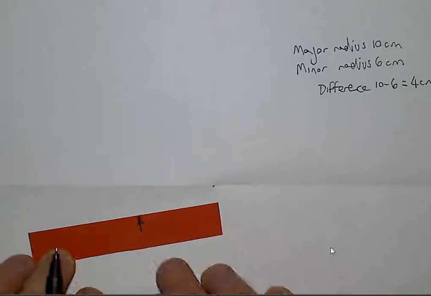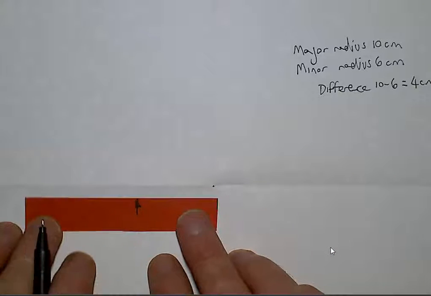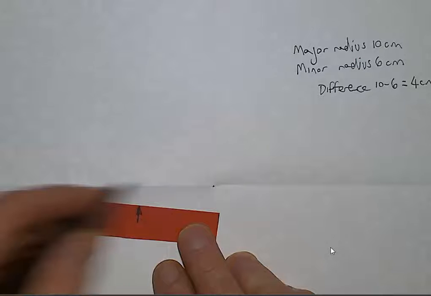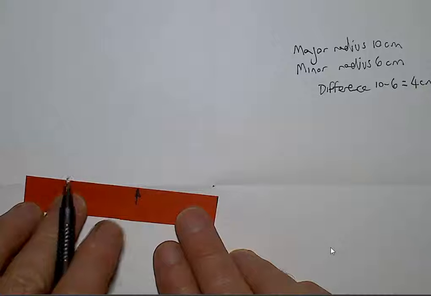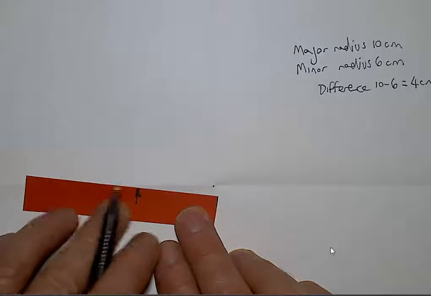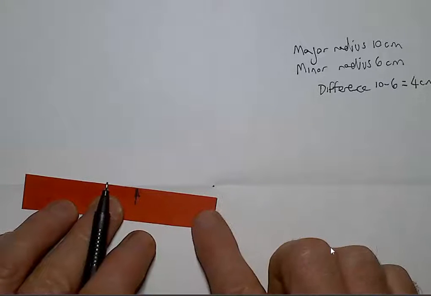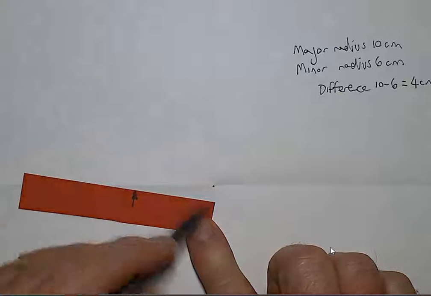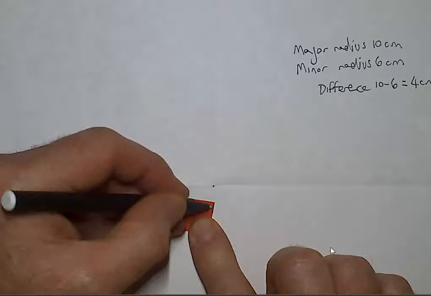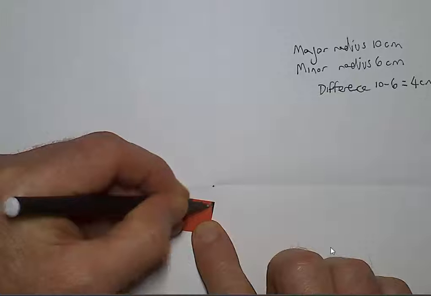Now, what I'm going to do is I'm going to start on this piece of paper, and I'm going to always keep that mark on the major axis of the ellipse. I'm going to slide this one into different positions, so this point is always on the minor. This end point here is always on the minor axis.